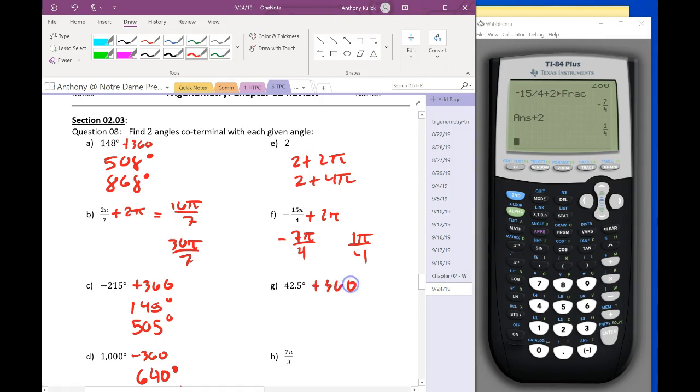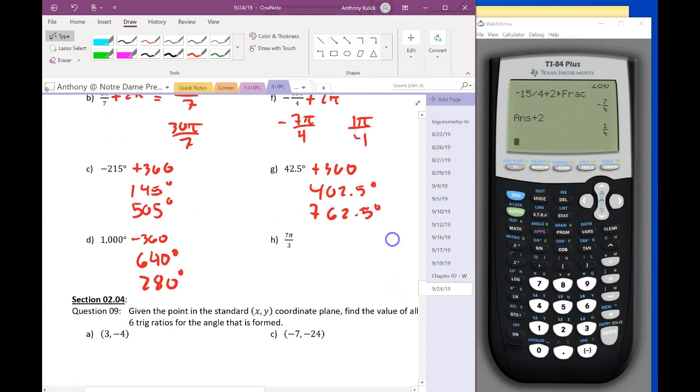So we'll add 360 because we're in degrees, obviously. And then add 360 again. That one I could do without the calculator because the numbers were convenient. Oh no, radians again. So we'll just add 2 pi to this. But to do that on my calculator, oops, I forgot the fraction command.